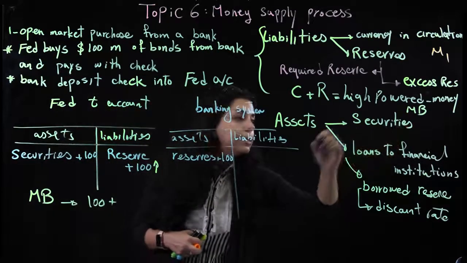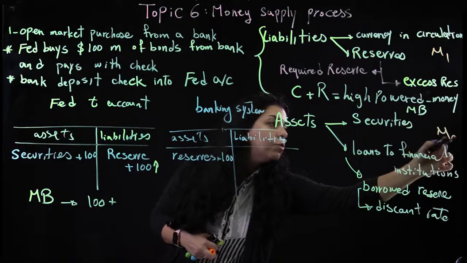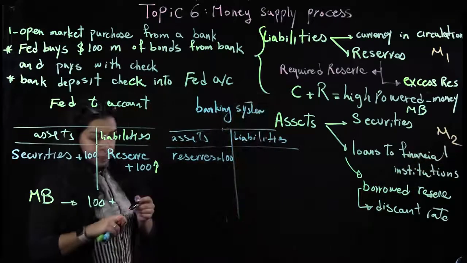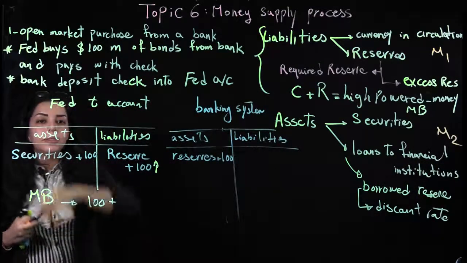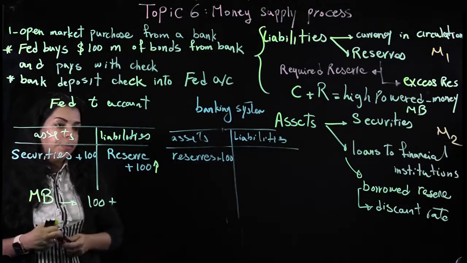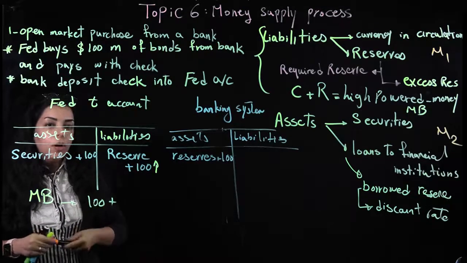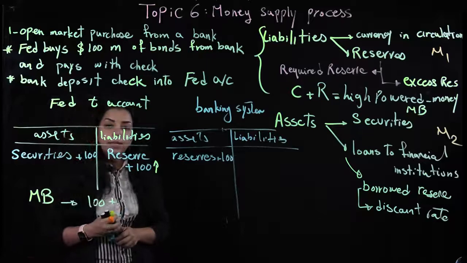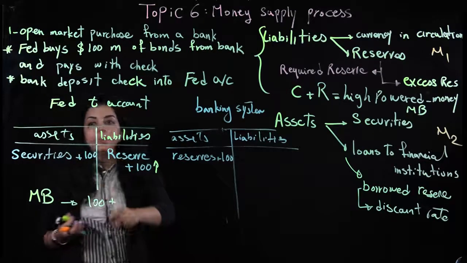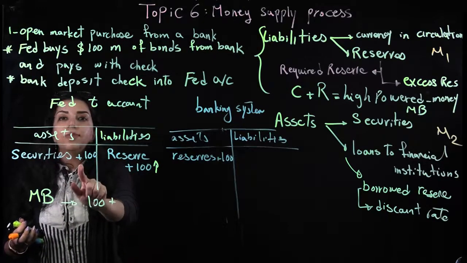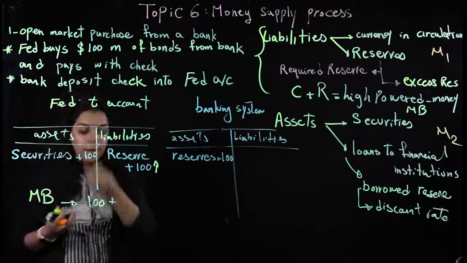And the asset side is M2. So whatever the components of this side are, this is the asset side. So overall, how much have the securities increased? The securities have increased 100 units in the Federal Reserve account.